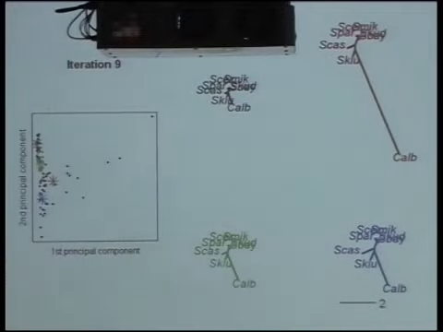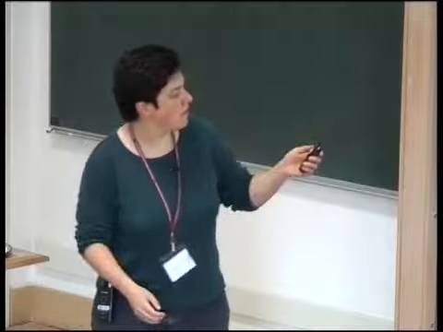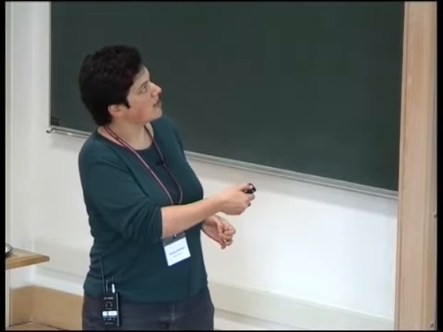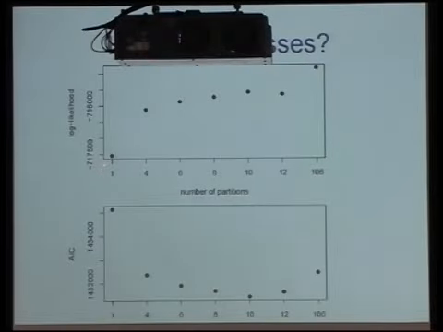So I guess the obvious question is, well, why did you choose 4 classes? Why not some other number? And so you can try and answer that question. Obviously, if you have more classes, so 1 here is just like this one extreme where you're just allowing one set of branch lengths, and 106 is the other extreme where you're allowing every gene to have its own set of branch lengths.